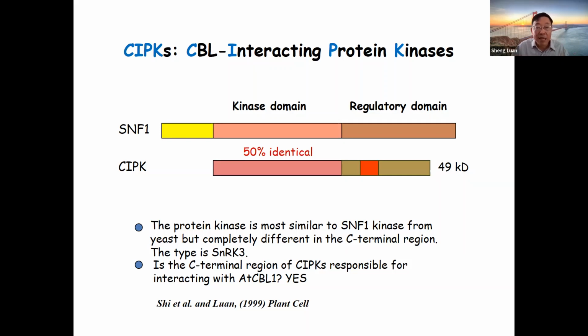So CIPKs are also called SNRK3 type protein kinases. All the SNRKs have a very similar kinase domain, but the regulatory domains are very different. For CIPKs, they have this red box in the C-terminal that interacts with CBLs, right?